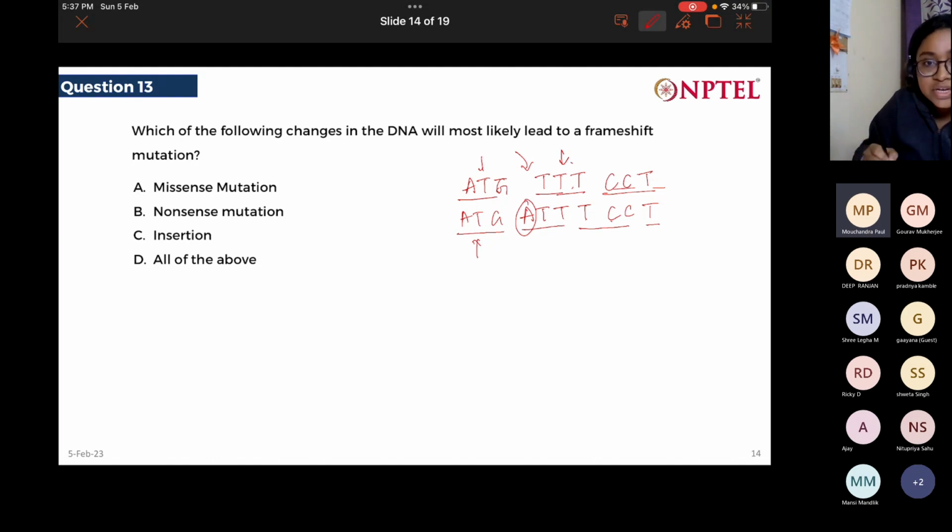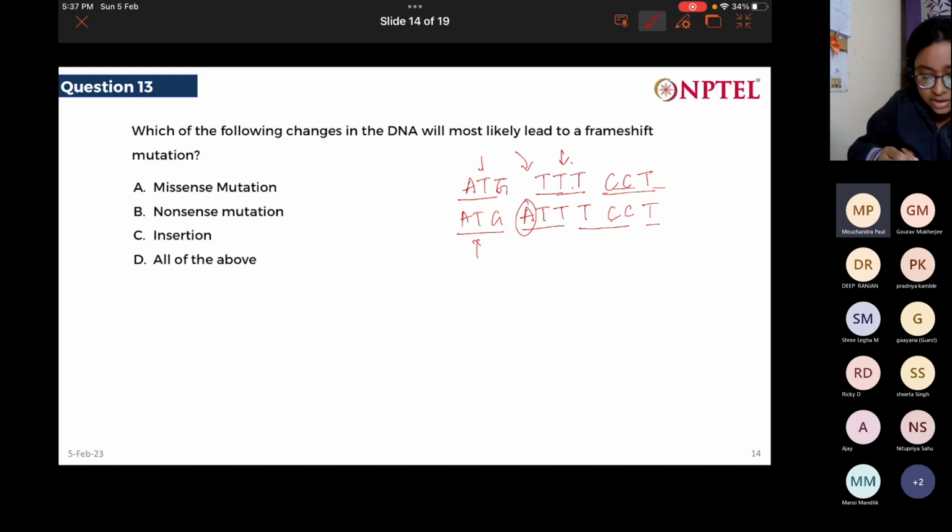And if we delete a base, the same thing will happen again. So how the machinery reads the DNA or the RNA sequence is being changed. Here it is called the open reading frame. Each 3 which I'm counting is called the open reading frame, how I'm reading the sequence.